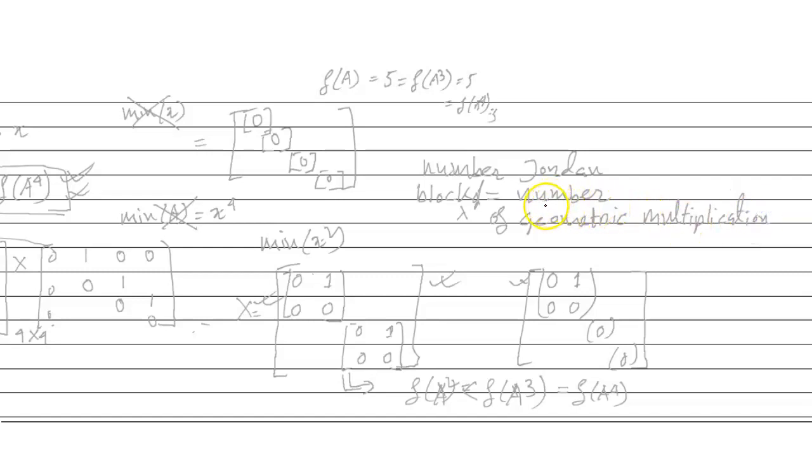So friends, the number of Jordan blocks of lambda is the geometric multiplicity of lambda.